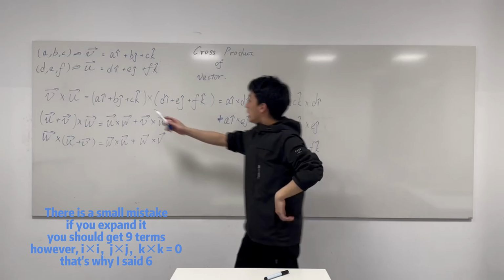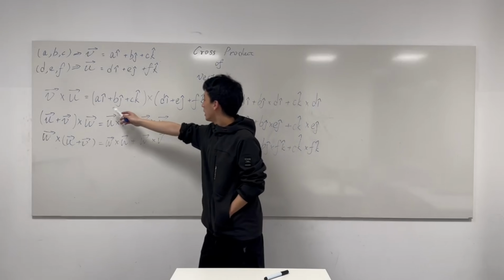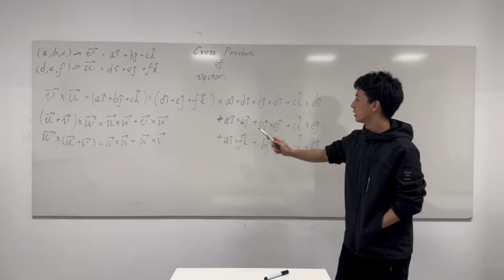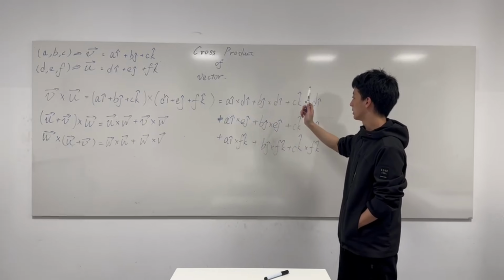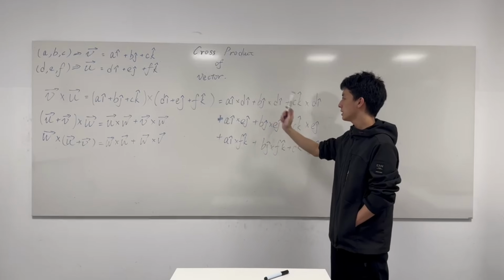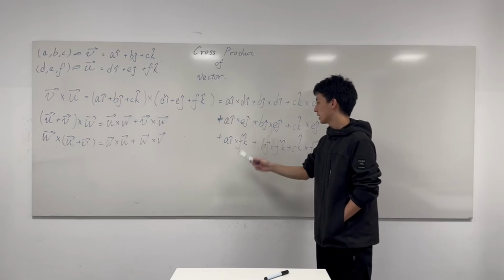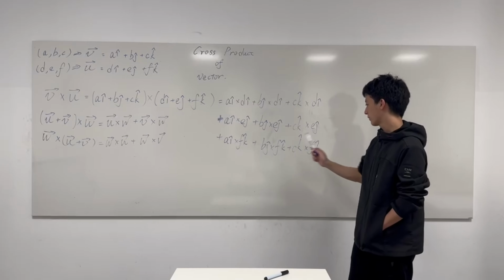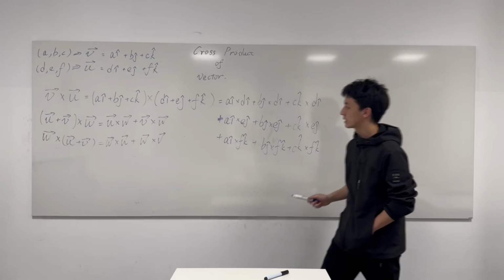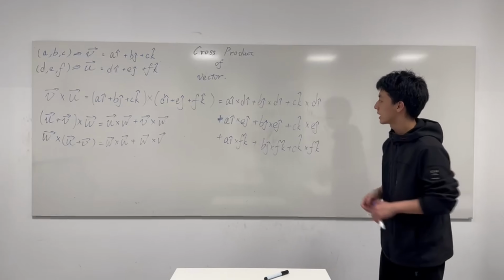So AI hat cross product with DI hat, AI with EJ, AI with FK, BJ with DI, BJ with EJ, BJ with FK, CK with DI, CK with EJ, CK with FK, like that. So yeah, 3 times 3, this should be 9 terms after we expand it.